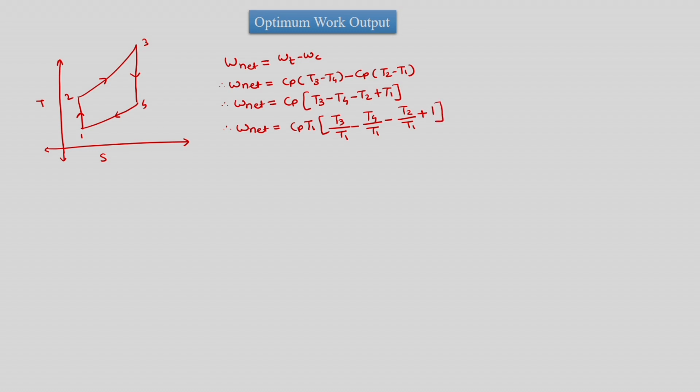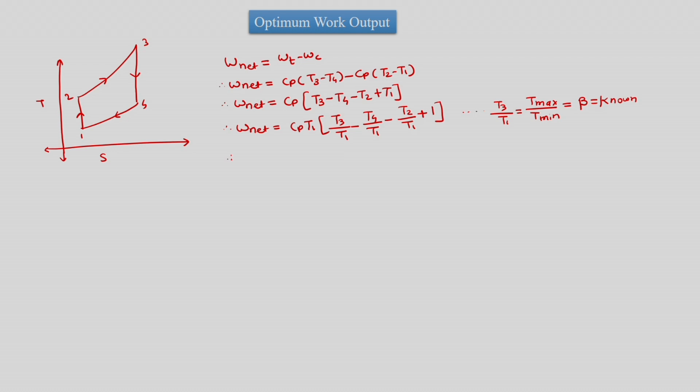Now from this we know that T3 by T1 is equal to T max upon T min, and this is a fixed quantity which is a design parameter, and that is beta, and it is known to us. So it's a constant and a known quantity.